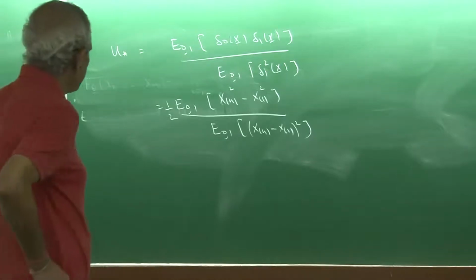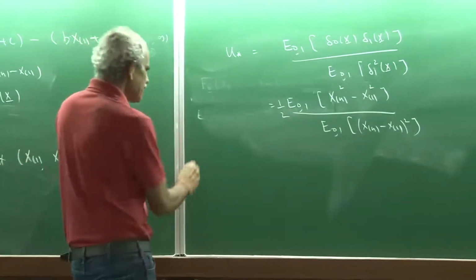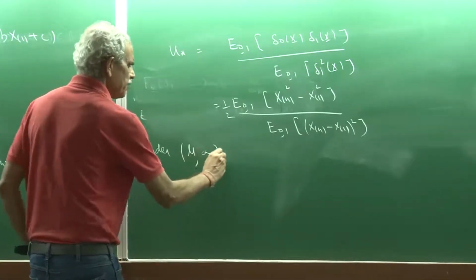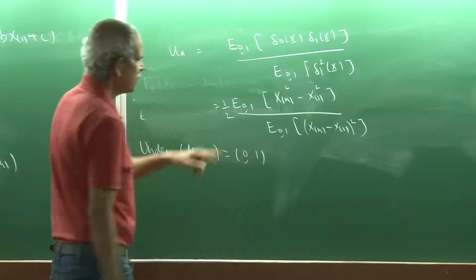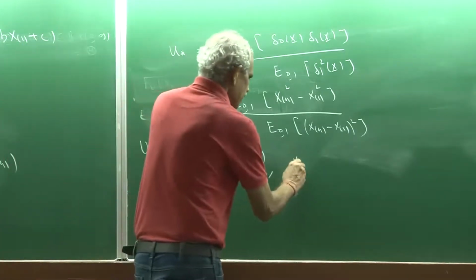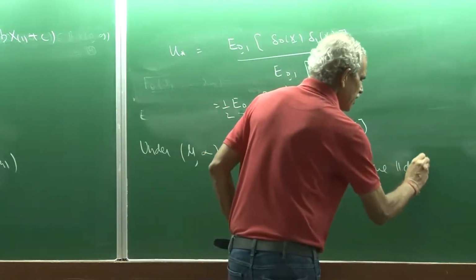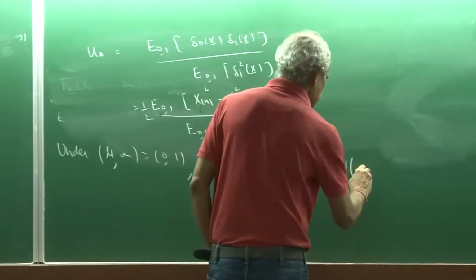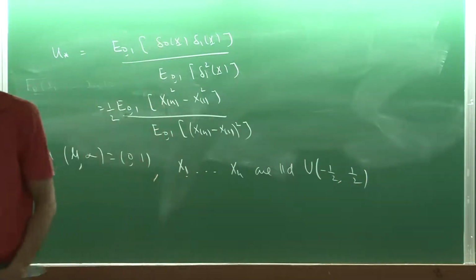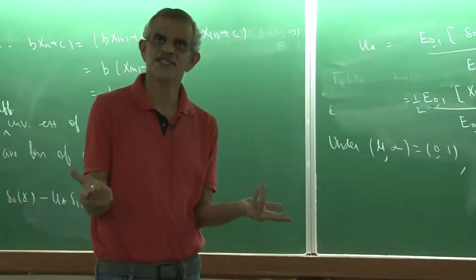I'll try to use some trick over here. So note that under mu, sigma which is 0, 1, that is where you have to calculate this expectation. x1, x2, xn are IID uniform minus half to plus half. Mu is 0 and sigma is 1. And uniform minus half, half is symmetric about 0.